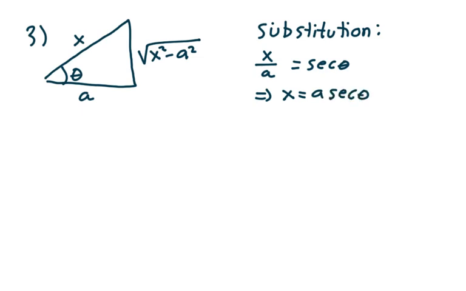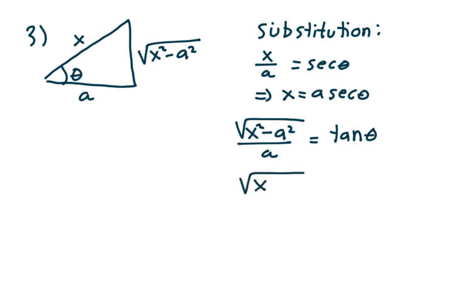I'm reading literally right off the triangle. And the square root of x squared minus a squared divided by a is equal to tangent theta. If I multiply both sides by a, I get the square root of x squared minus a squared is a tangent theta.